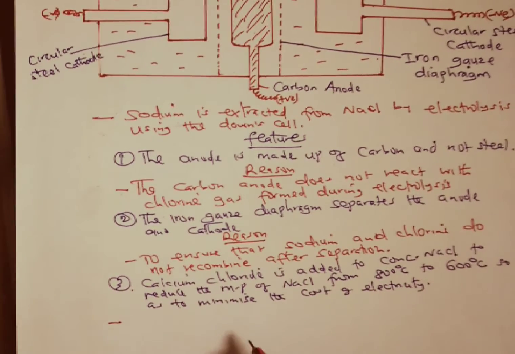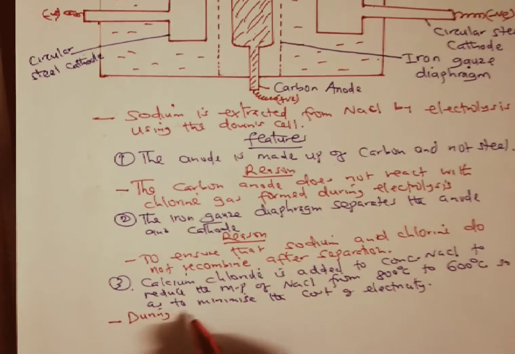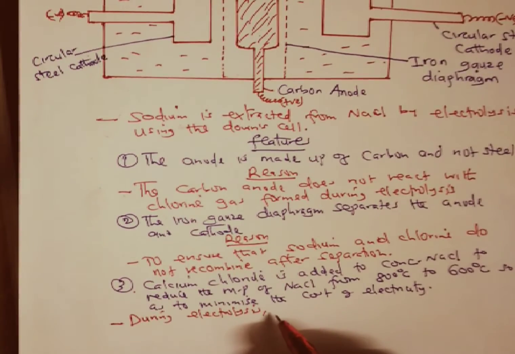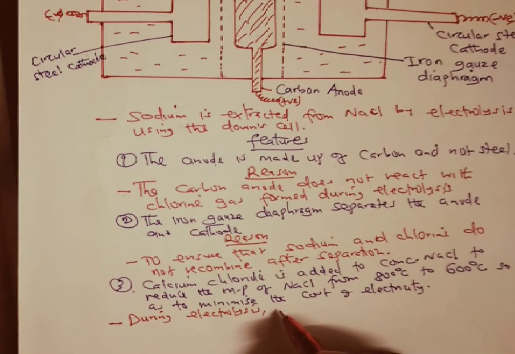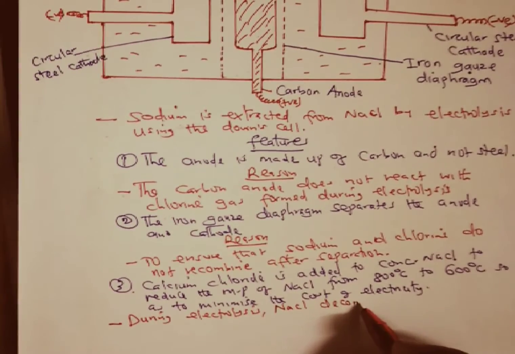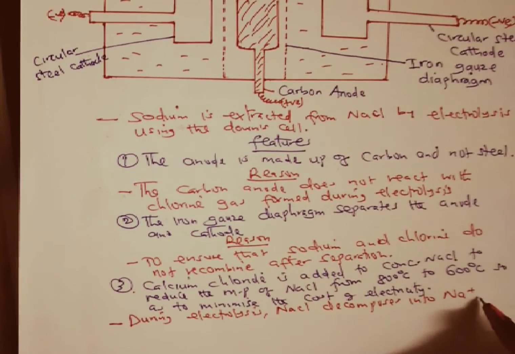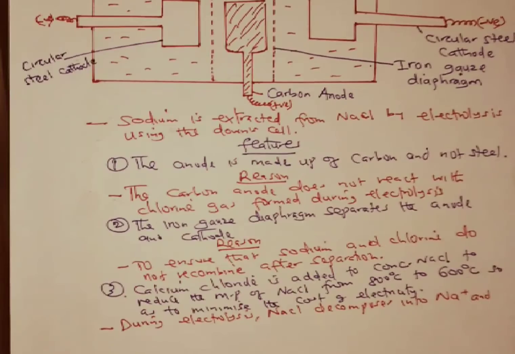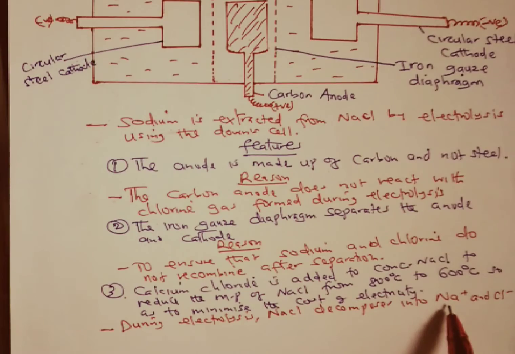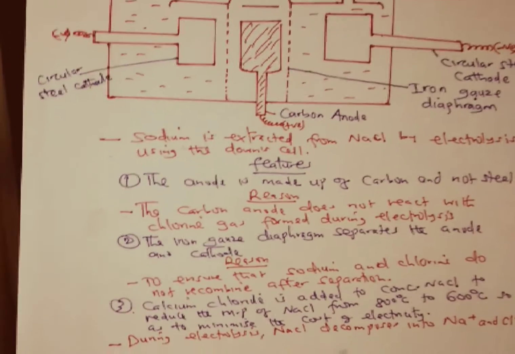So we can say, during electrolysis, sodium chloride decomposes into sodium ions and chloride ions. Sodium ions, being positively charged, will be attracted to the cathode, and the following reaction takes place at the cathode.